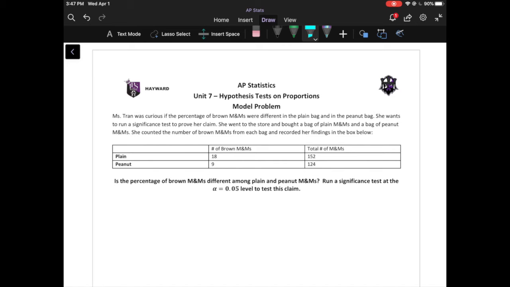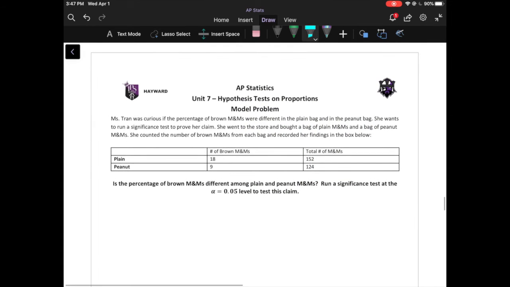So I give you this table that tells you the total number of M&Ms. In the plain bag, there were 152, and in the peanut bag, there were 124. I got 18 brown ones in the plain bag and 9 brown ones in the peanut bag. So is the percentage of brown M&Ms different among the plain and peanut M&Ms?